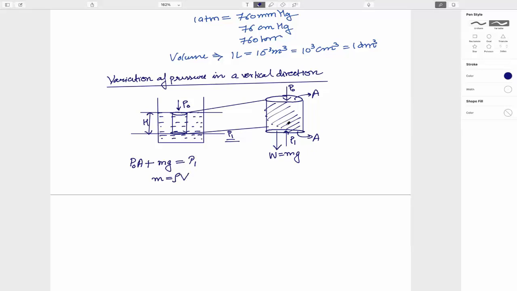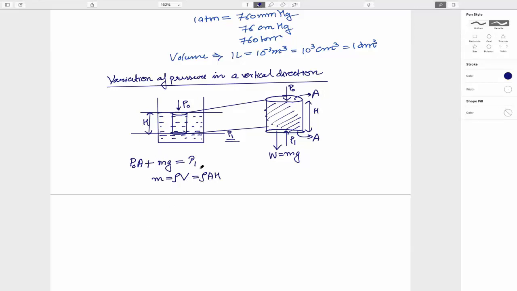So volume of this fluid you can define as area into H. Height of this fluid element is H. Okay. So that is how mass is defined.